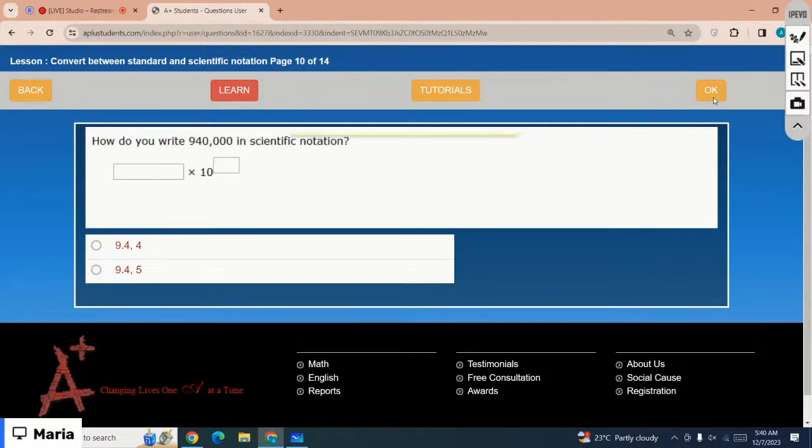Okay, how do you write 940 thousand in scientific notation? So which is the correct option?